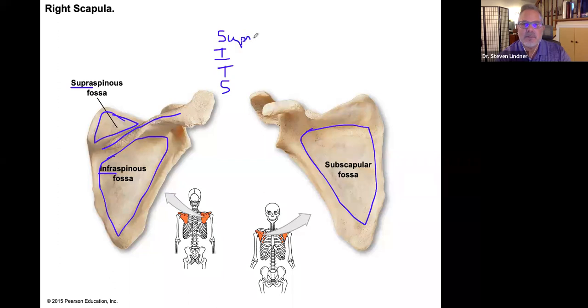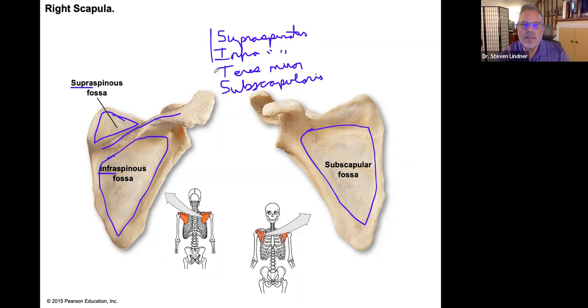We have the supraspinatus, we have the infraspinatus, we have the teres minor, and then we have the subscapularis.